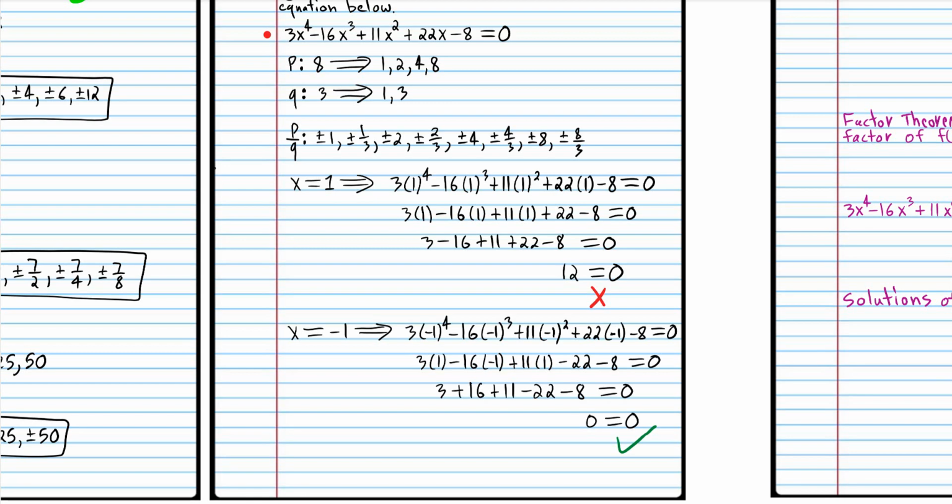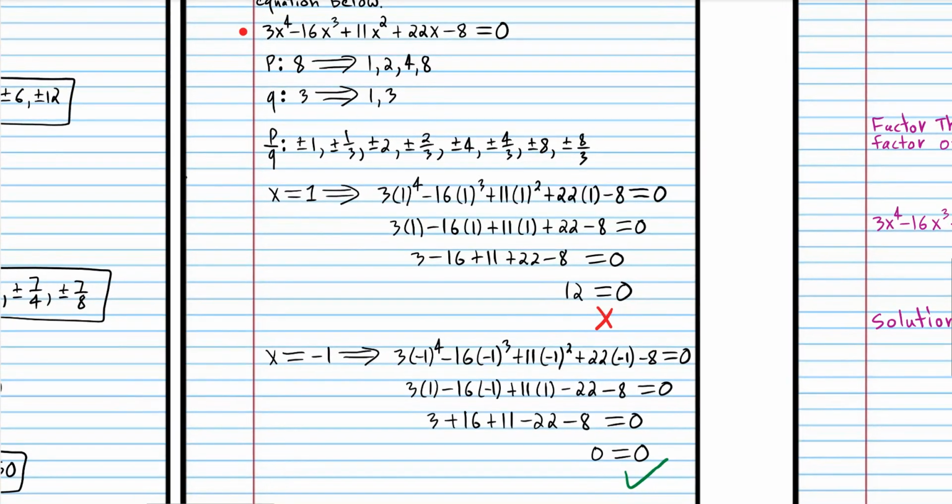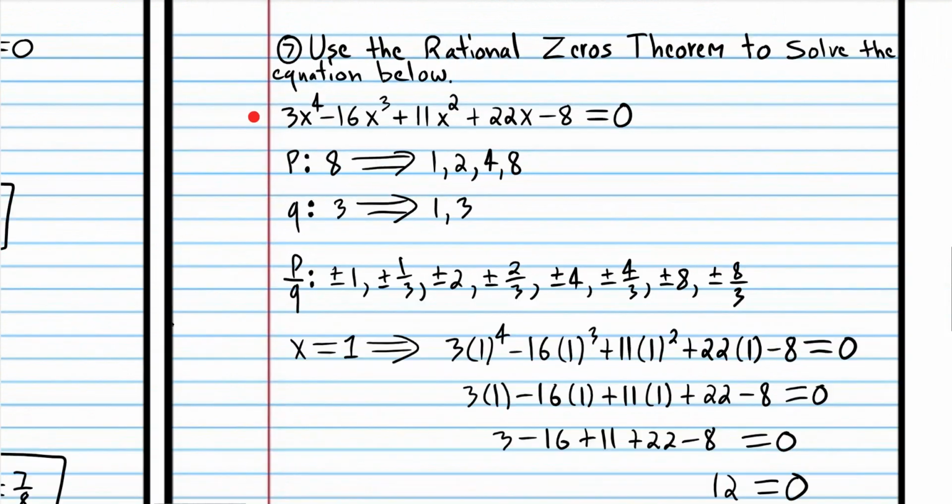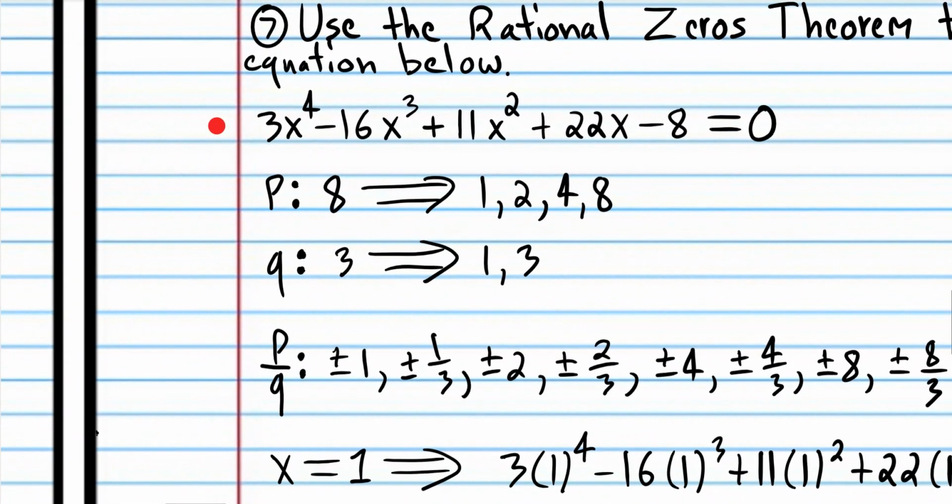So we found one of the solutions, but at this point, we have a couple questions that we need to ask. The first question is, how many solutions are there? Is negative 1 the only solution, or should we look for more?